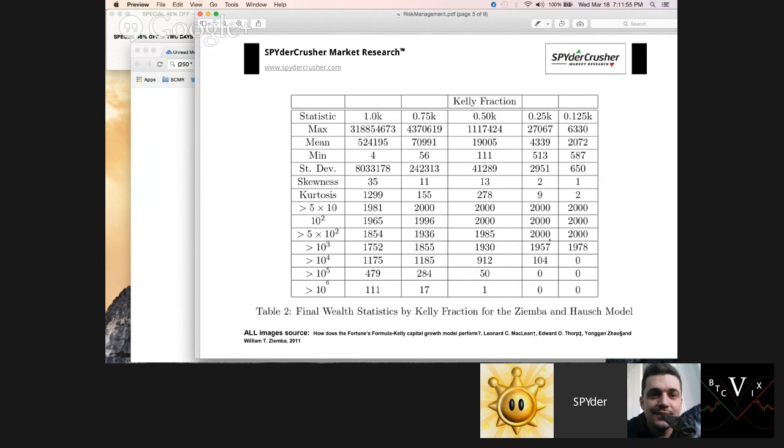So what they're saying is that 2,000 out of 2,000 trials did not lose half their money, and that's this number right here. If we look at 10 to the third, then that's saying the amount that at least broke even, because 1,000 to 1,000, that's 10 to the third. So 1,957 out of 2,000 trials broke even using 0.25 Kelly bet sizing.